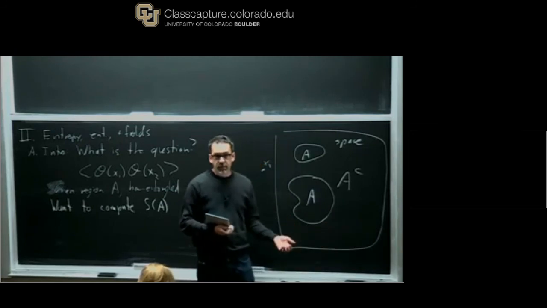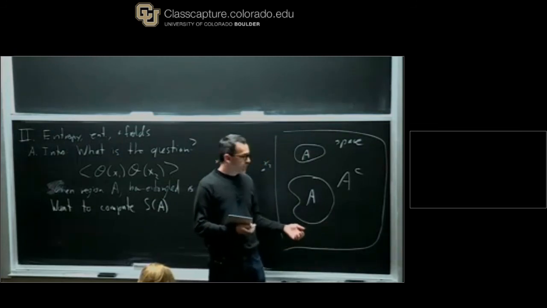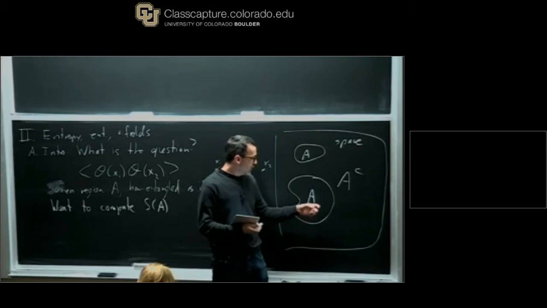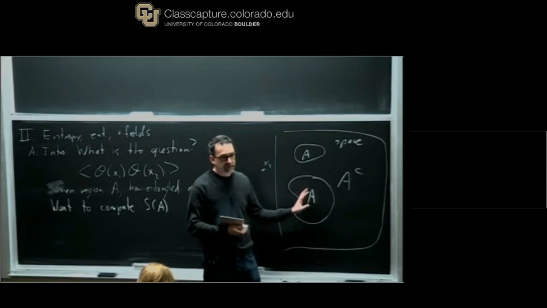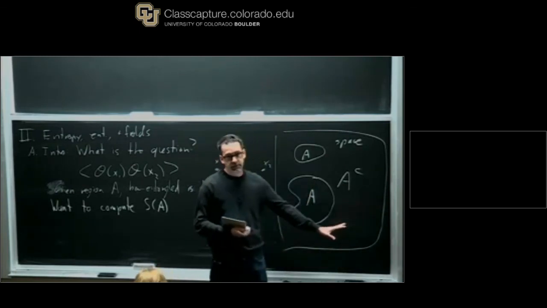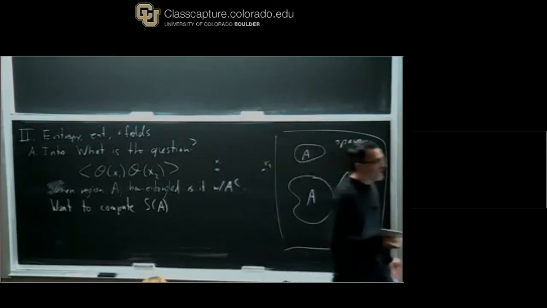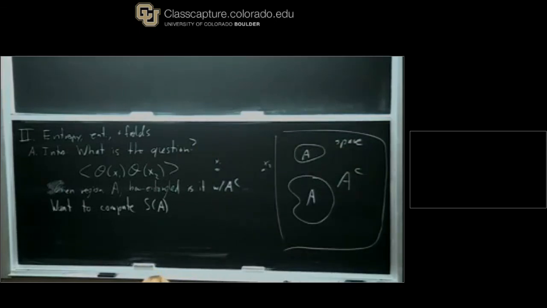Because we know that operators that are space-like separated commute in quantum field theory, that's one of the axioms, we know that the full subalgebra associated to A commutes with the full subalgebra associated to A complement. And the most natural way you realize that is if you just have a tensor product decomposition.